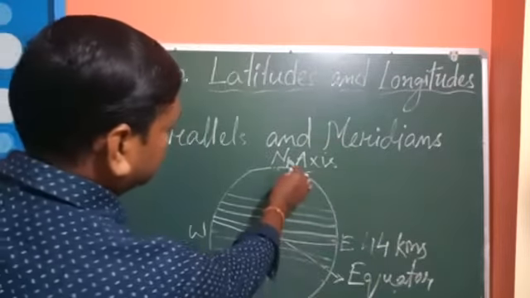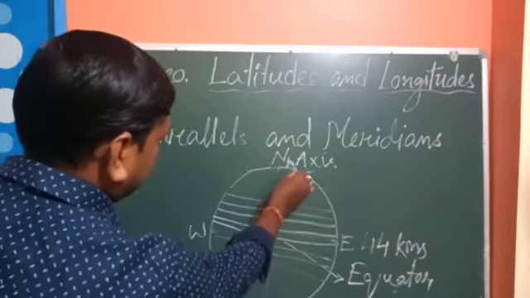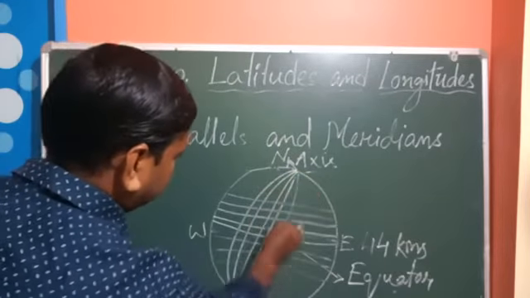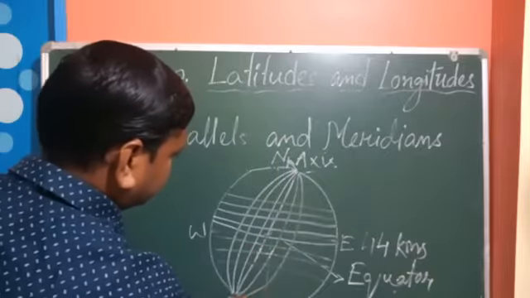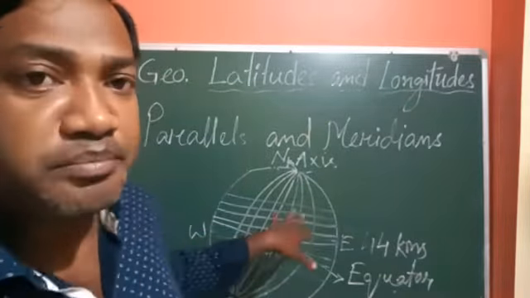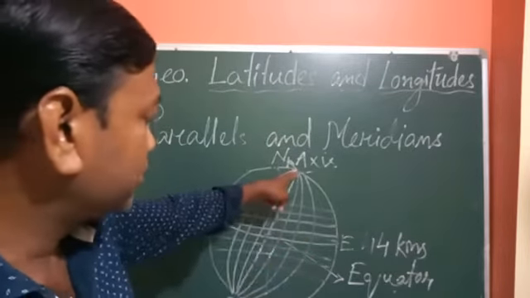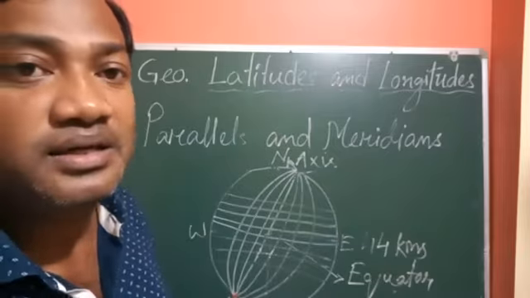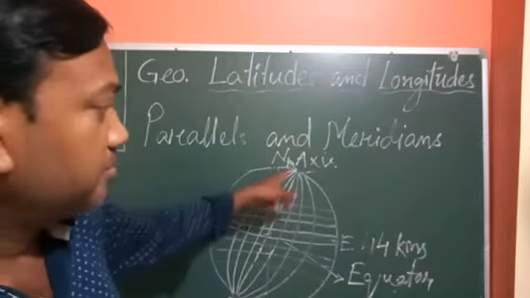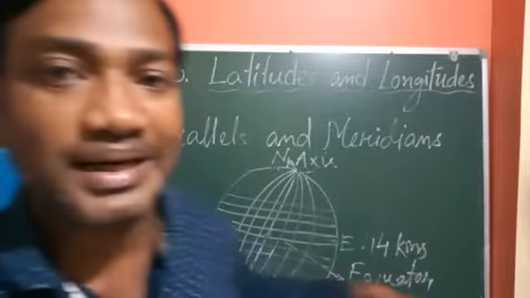That means from the North Pole to the South Pole, we find lines this way also. On the globe you will find these same lines. The lines which join the North Pole to the South Pole are called meridians, and the other lines are called parallels.